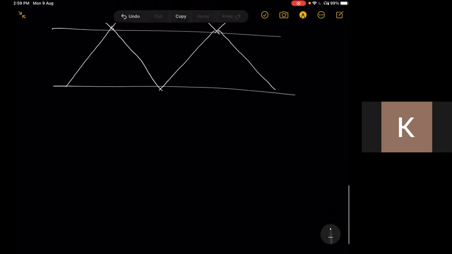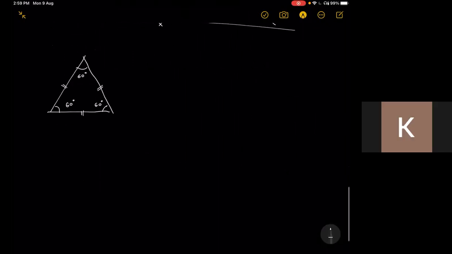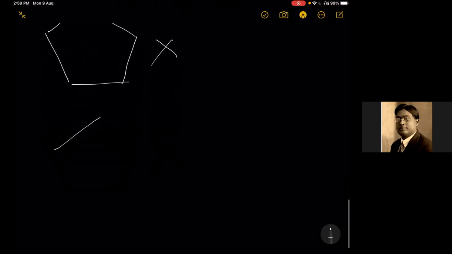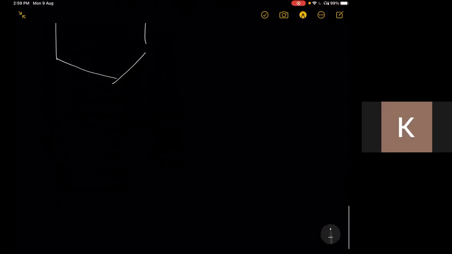So equilateral triangle is also there in my list. A hexagon will do. Hexagon will do. Very good. Octagon also you are saying it will do. Pentagon won't work.